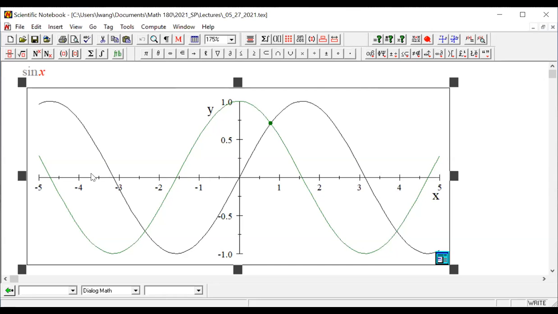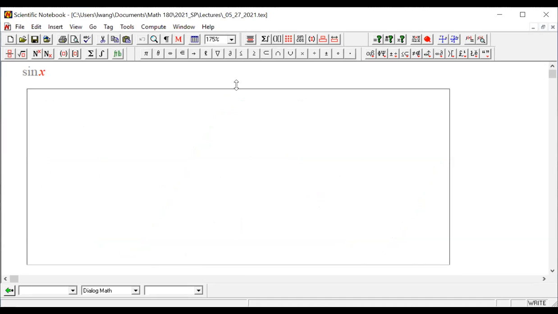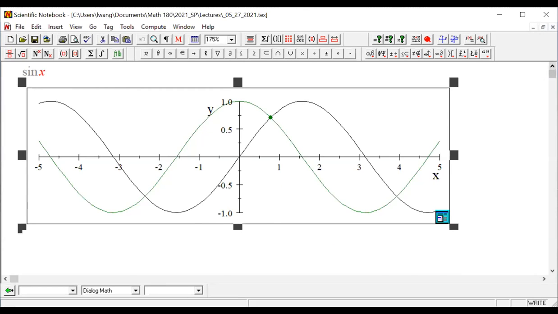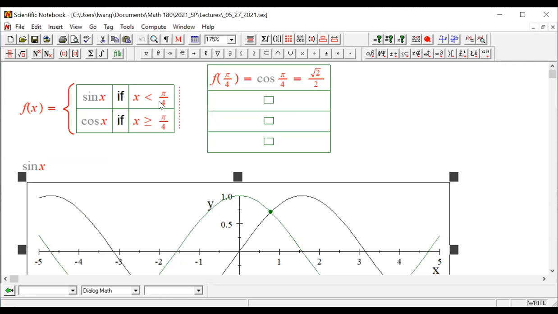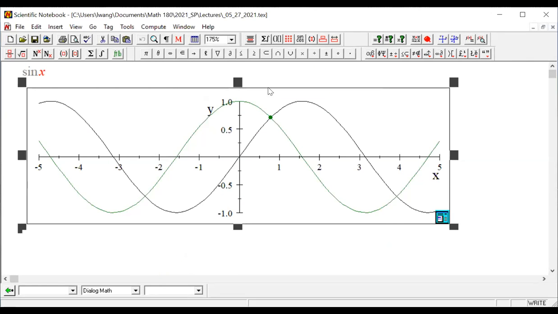To the left of pi over 4, less than pi over 4, is sine x, right? So this picture will be interesting, okay? So let me cross out some pieces. Okay, so these pieces will be crossed out.